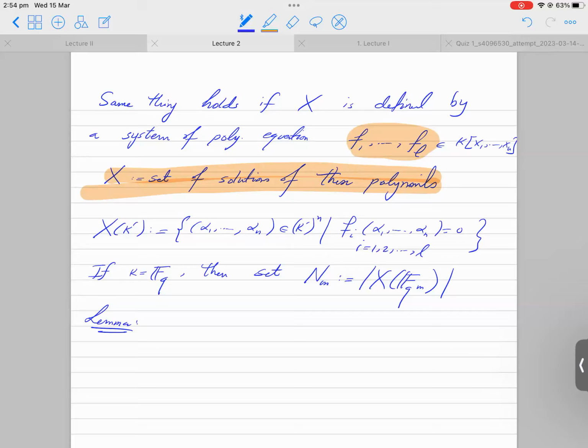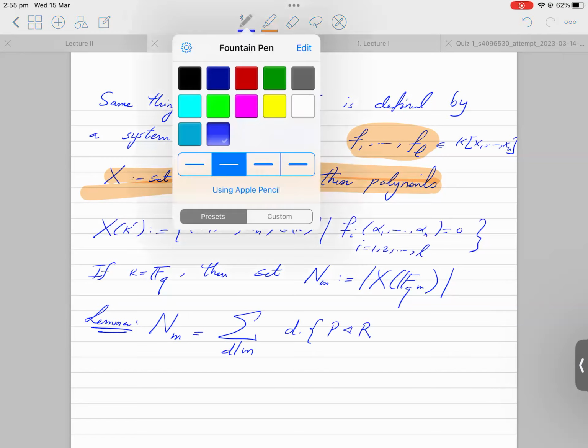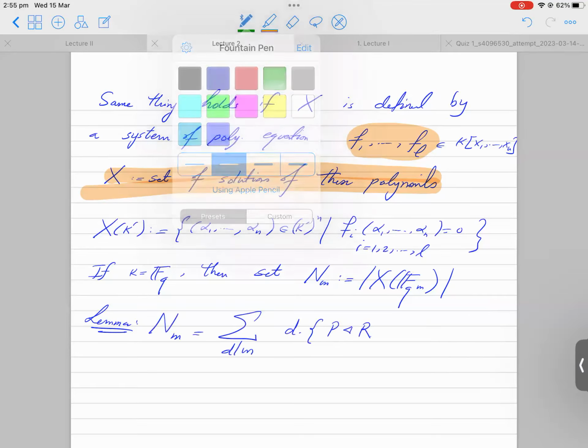I want to rewrite that in terms of rational points, because these are easier to discuss also for higher dimensions. So the lemma is that N_m equals the sum over d dividing m of d times the number of maximal ideals in our ring R. What is the ring R? Let me write R here.